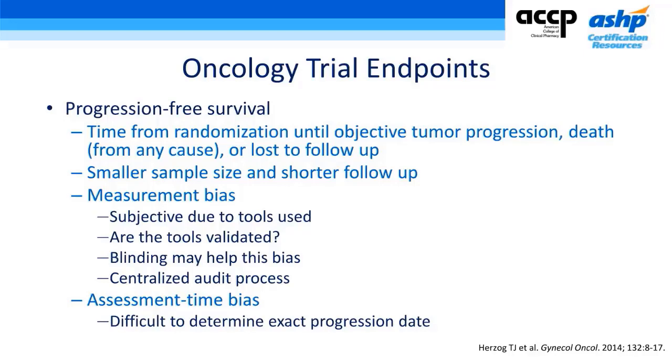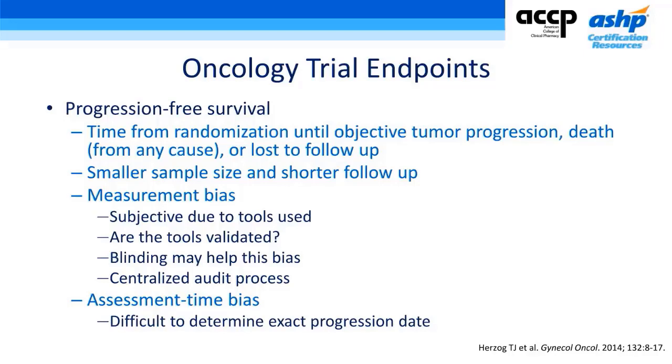So for measurement bias, are the tools validated that they're using? Is there a centralized audit process to help minimize that type of bias? Is there any kind of blinding that may help with the bias? So just some things to think about when using progression-free survival as a trial endpoint.